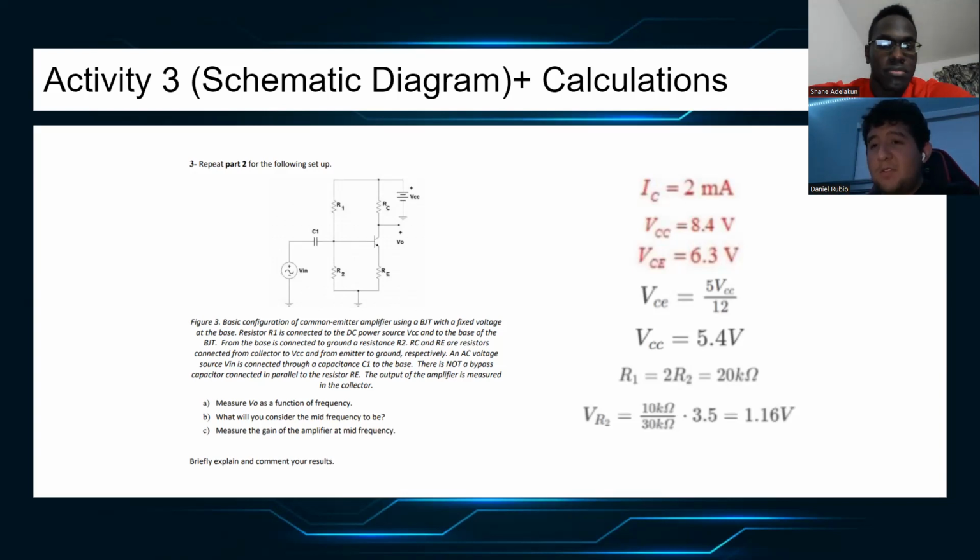The first resistor, R1, equals 2 R2, meaning it is twice the value. We have the value known as 20 k ohms. VR2, we have 10 k ohms over 30 k ohms times 3.5, giving us the result of 1.16 volts.